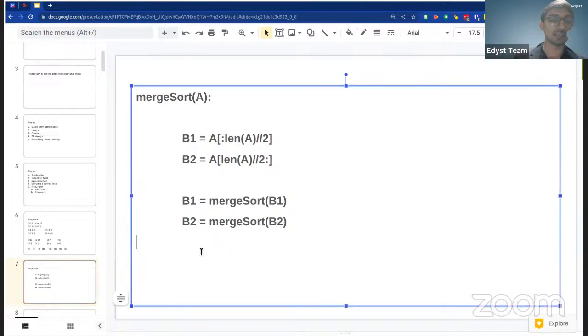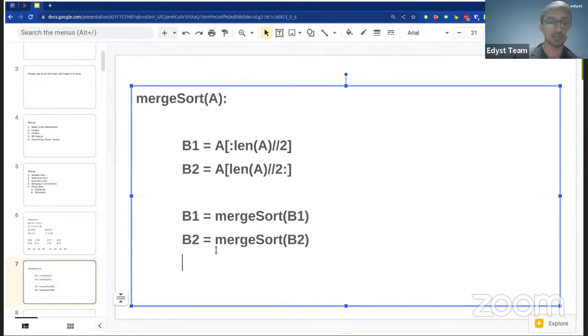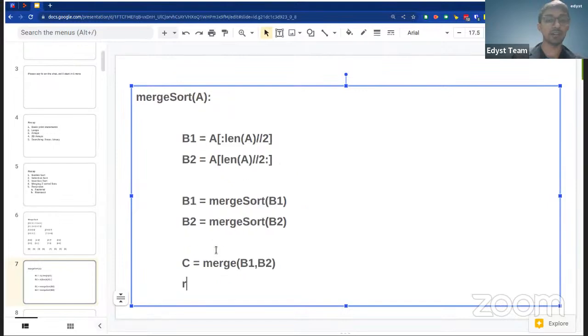So I'll say C is equal to merge B1 and B2, and return C. So we're going to return this C over here. B1 is the first half, B2 is the second half. We're saying apply merge sort on the first half, apply merge sort on the second half. When they both return sorted to me, you are going to merge both of them.